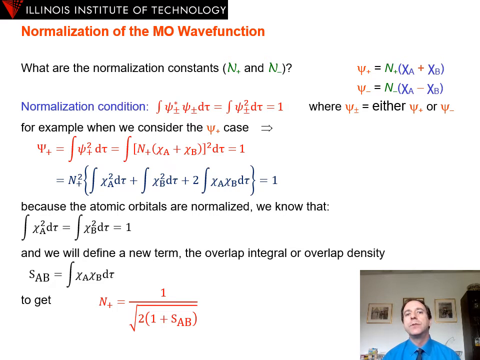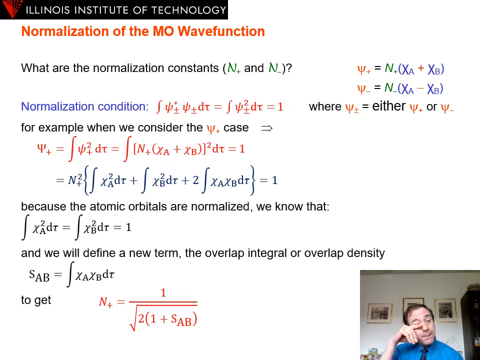We set those integrals up in the beginning so that when we got to this point, we wouldn't have a really complicated math problem to solve. So the first two terms in that set of integrals are 1.